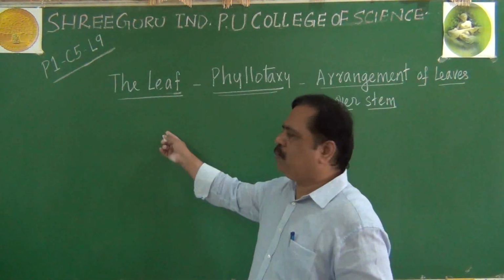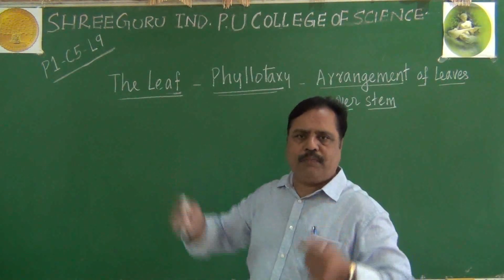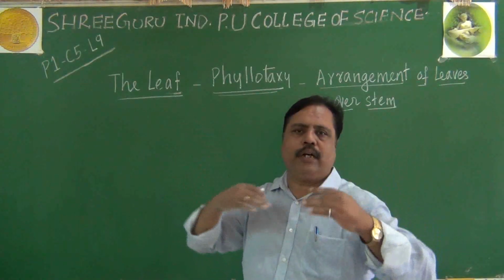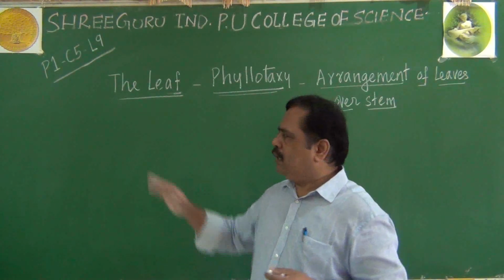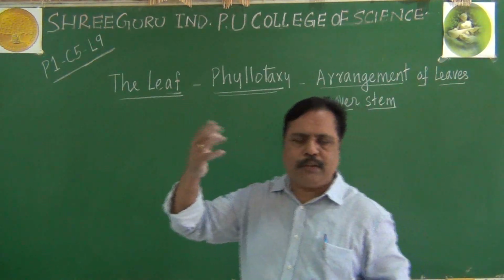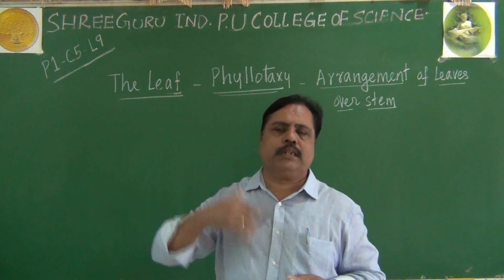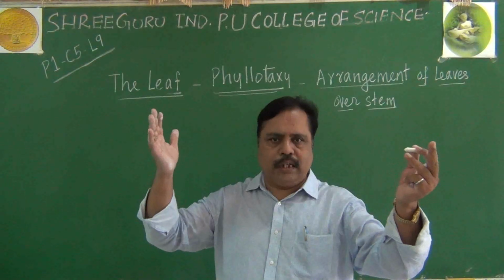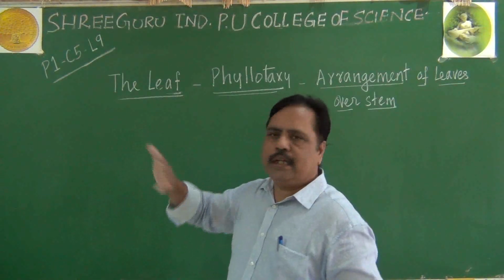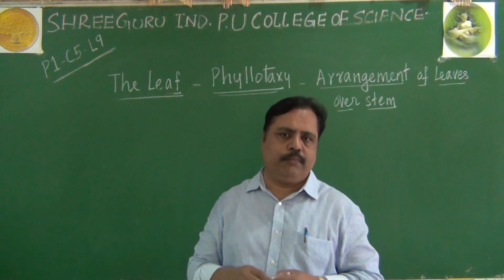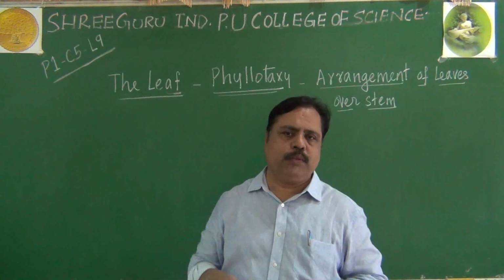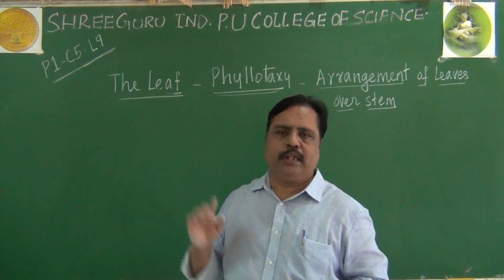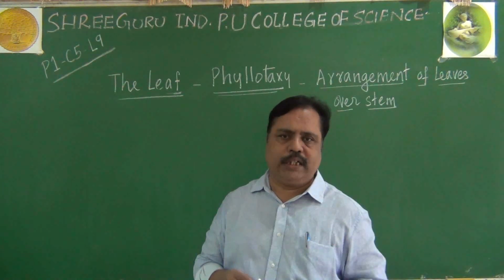Because different plants exhibit different phyllotaxy in order to get enough sunlight from the environment for photosynthesis. For getting enough sunlight, leaves are arranged in different manner. So the rate and efficiency of photosynthesis will be increased in the plant because of phyllotaxy.